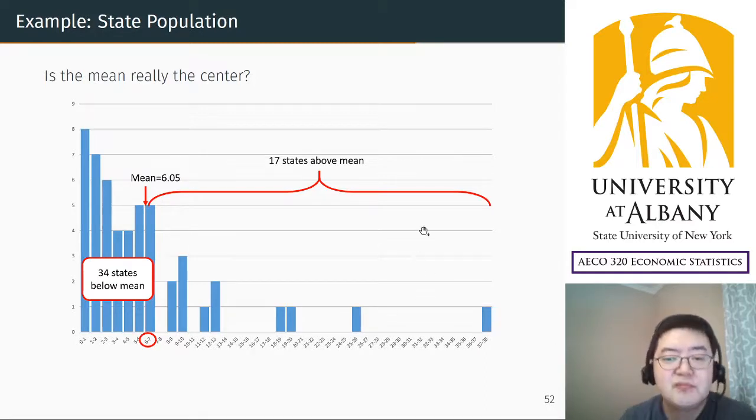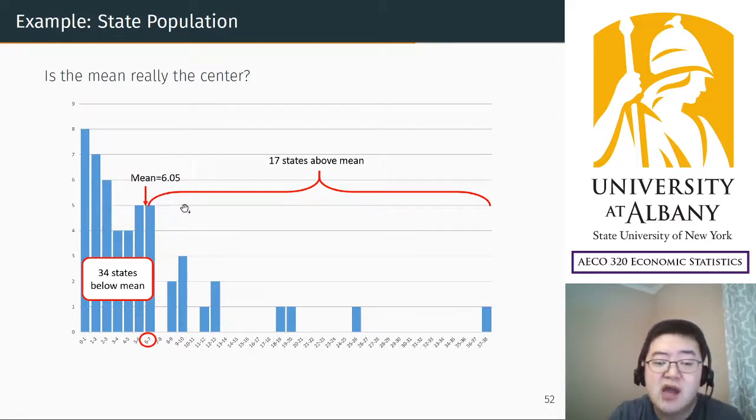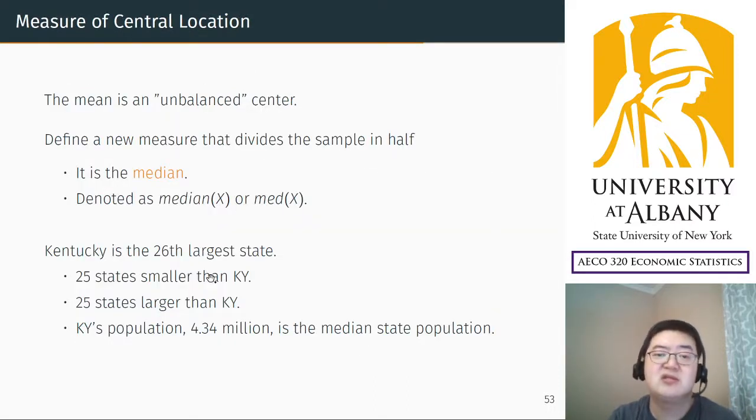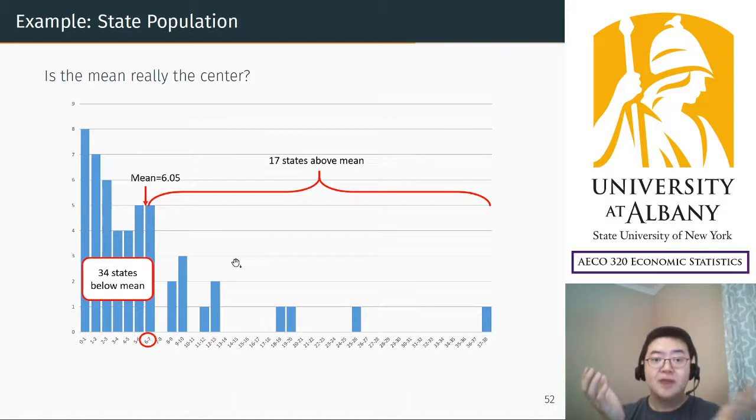Now I have to think about whether it's a center, because there are twice as many states below the mean as above the mean, right? 17 states have more population than 6.05 million, but 34 states are smaller than that. So it's not balanced. It's much heavier on this side.